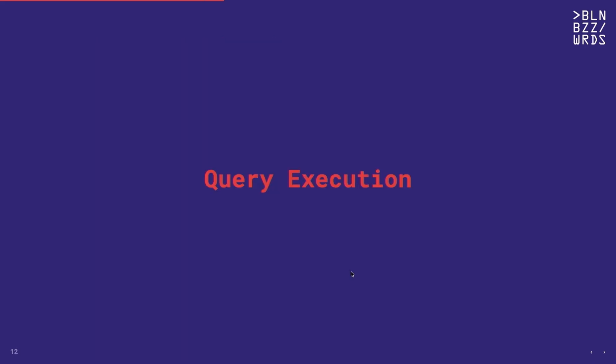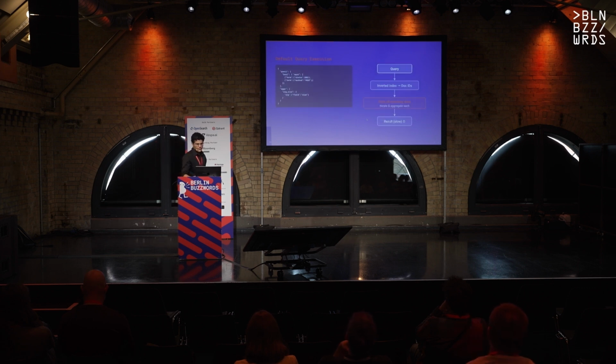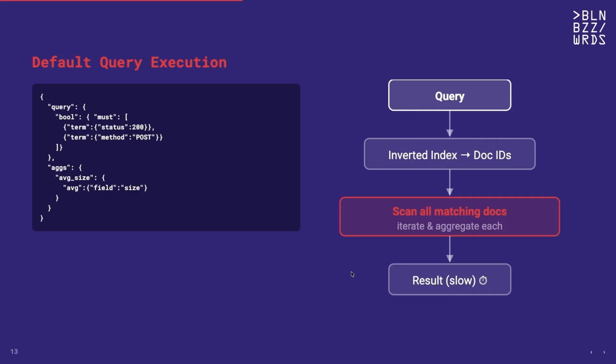Okay, so let's talk about how queries actually execute under the hood. Let's say we have a query in which we want to find the average size for all docs where method equals post and status is 200. In the default approach, we do this query in two phases.